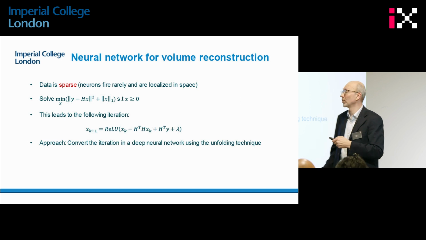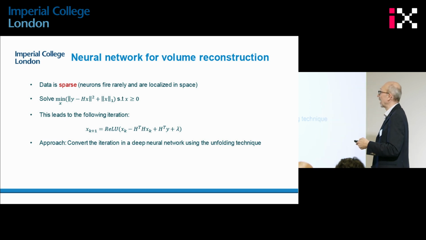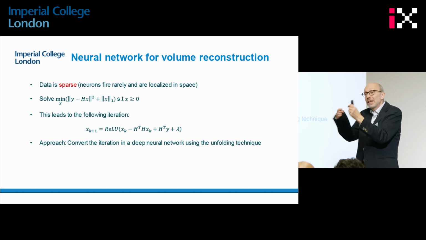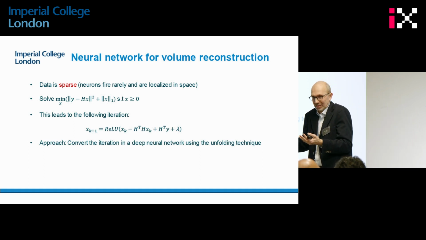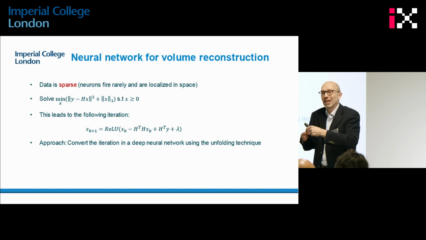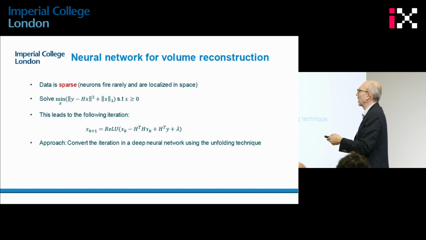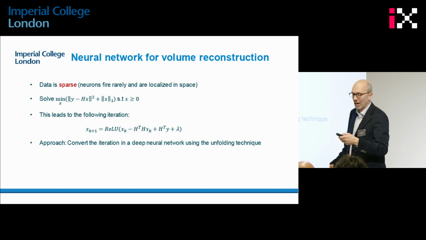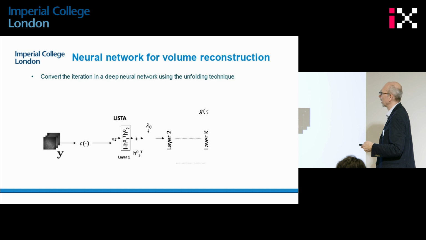There is one simple reason why this is the case: I'm trying to reconstruct an X, that's the volume, and the pixels in the volume are always positive, or 0. Because when you have activity, you have something. If you don't have activity, you have 0. Okay, so you have a so-called positivity constraint. So when you combine sparsity with positivity constraint, the nonlinearity is turned into a ReLU. All right? Okay, so now we use the same trick. We do unfolding, right?